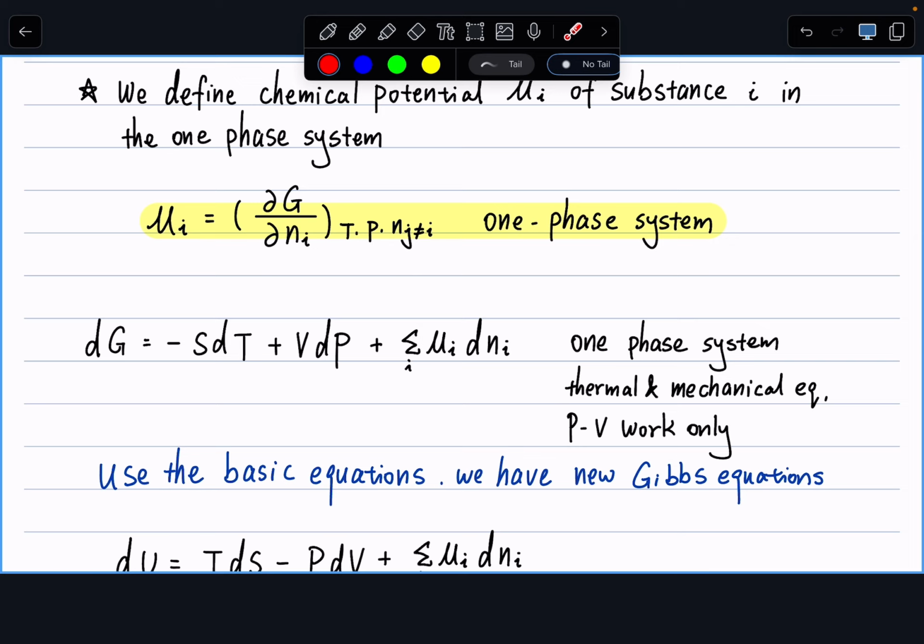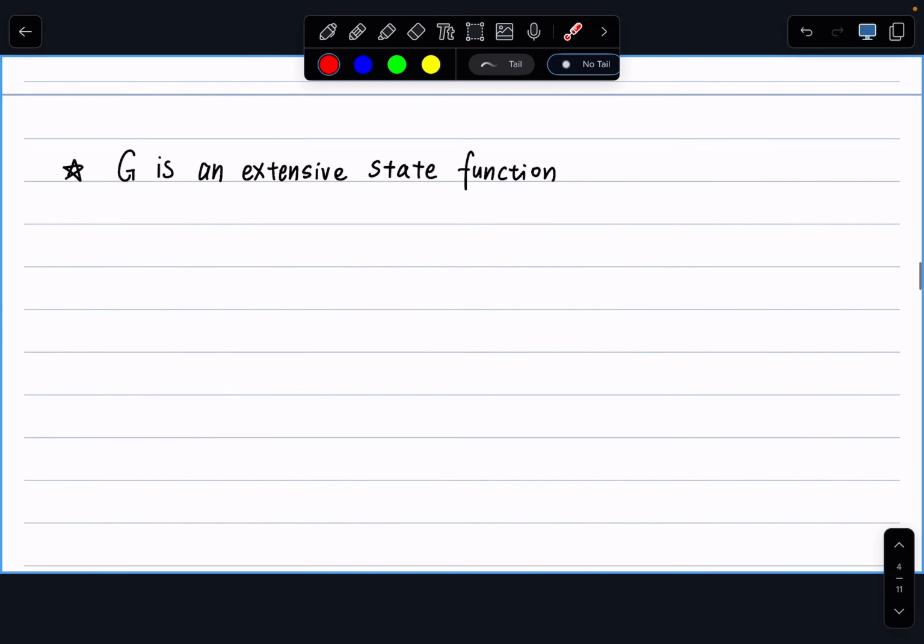That's the first part. Now the second part: why do we care about chemical potential? In this part, we will first talk about what the sign of the chemical potential is at equilibrium and not at equilibrium. And then we'll specifically look at phase equilibrium of one substance, which is easier to deal with.